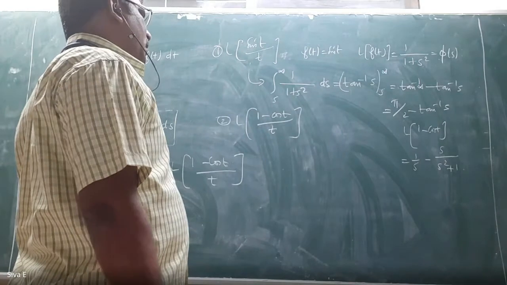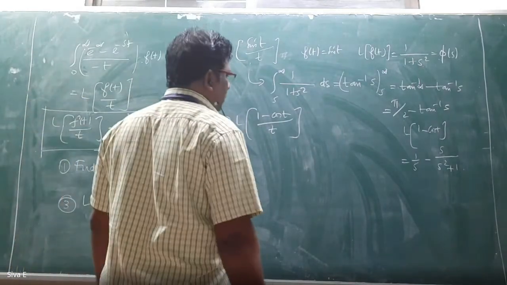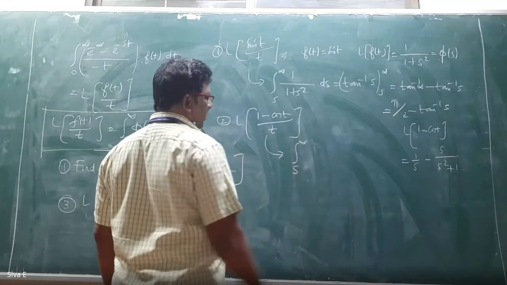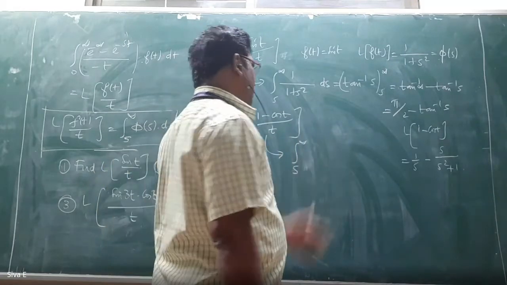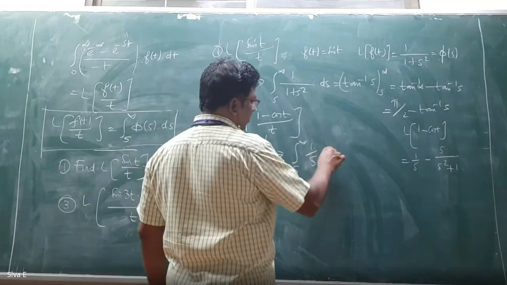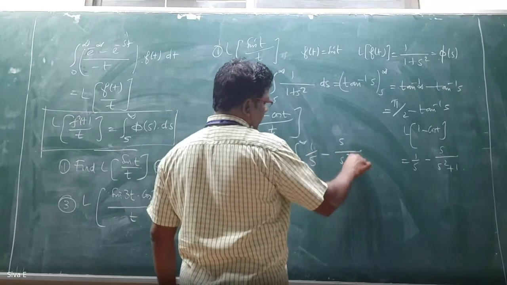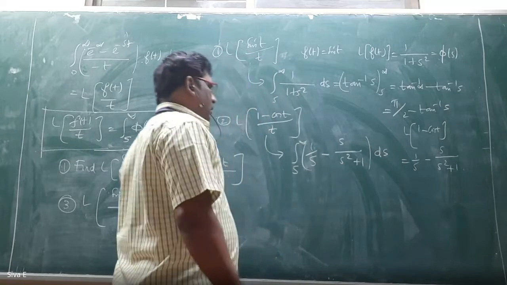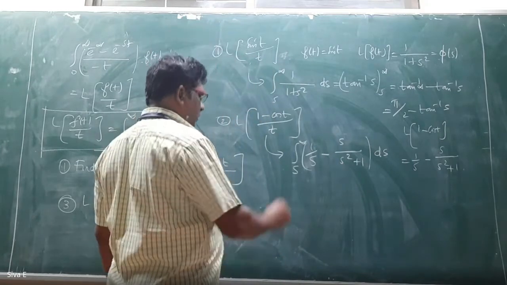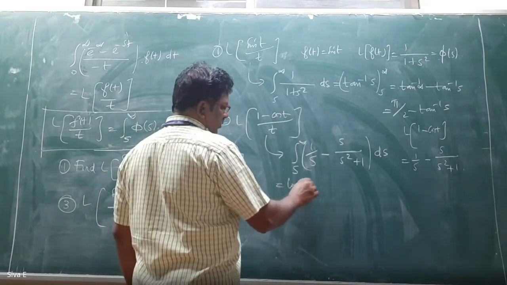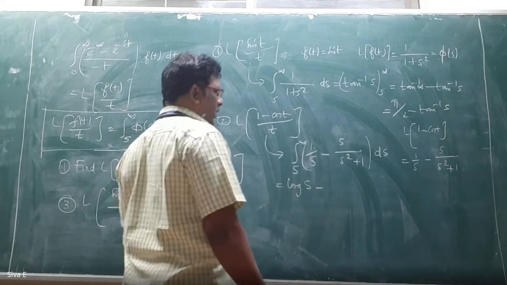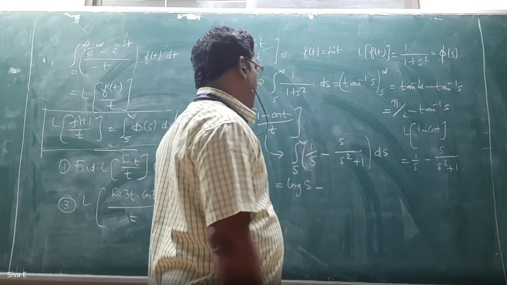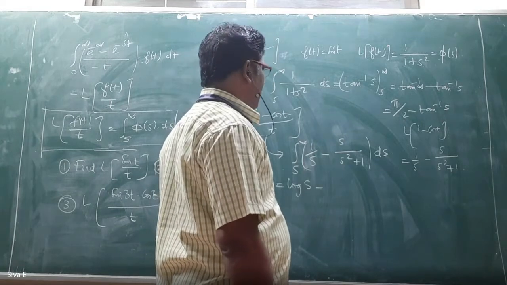So this will be integral over s to infinity phi of s ds, where phi of s is 1 by s minus s by s square plus 1. What is 1 by s? log s. And what is s by s square plus 1?